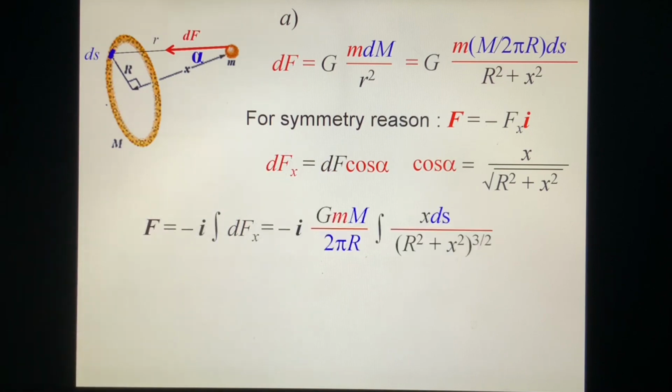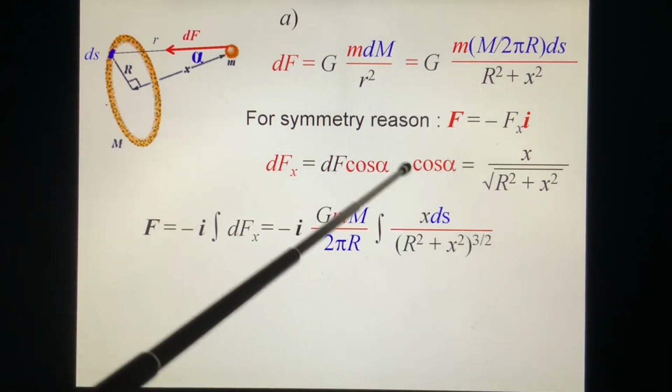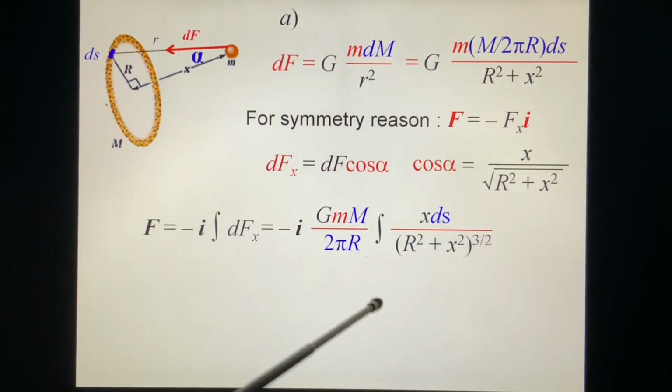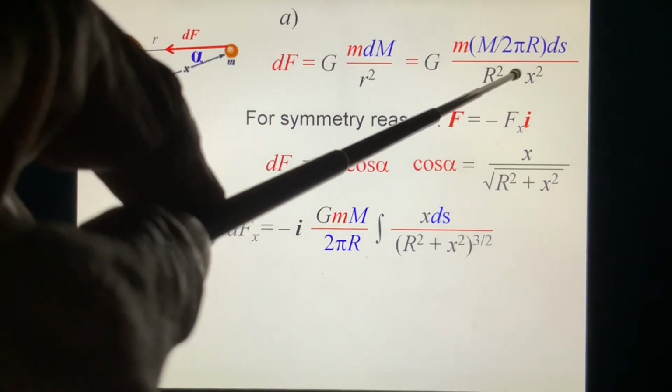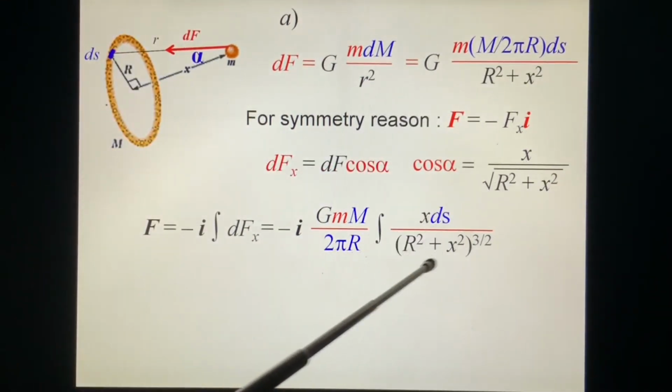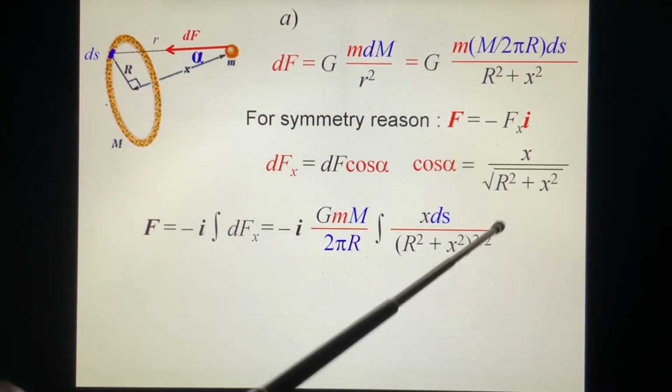Then we put everything inside: dF, and cosine alpha. This R squared plus x squared, and the square root of R squared plus x squared, we get R squared plus x squared to the power of 3 over 2.